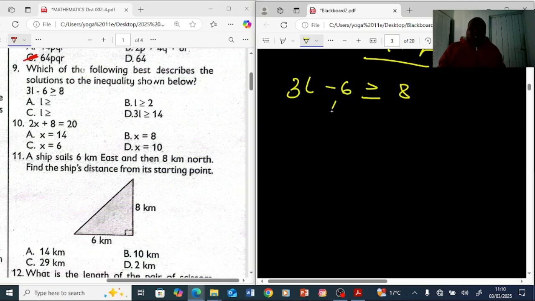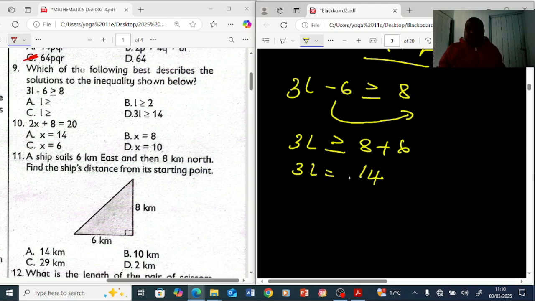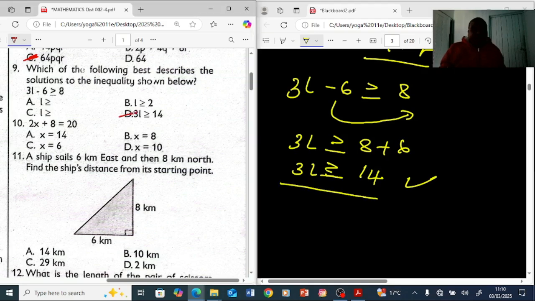So let's put like terms together, bring this one here, it will be positive. 3L is greater or equal to 8 plus 6. We have 14. So 3L is greater or equal to 14, that is the correct one. Number 9.